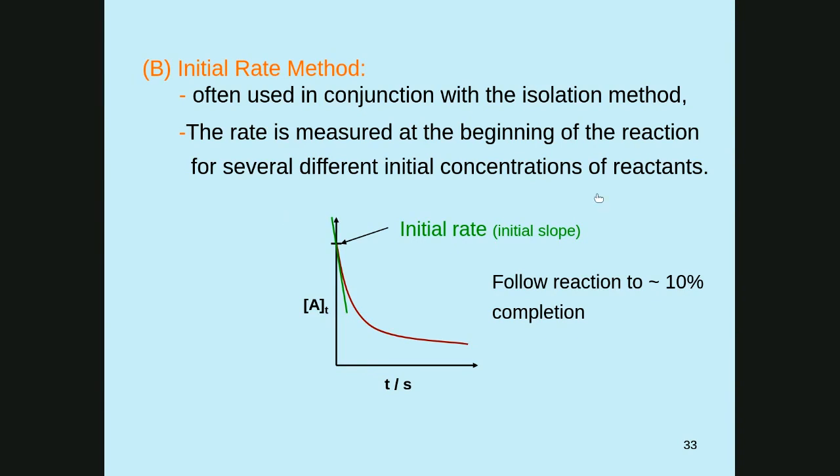So it is the initial rate that you measure, within the first few seconds or hours, depending on how fast the reaction is. So you determine the initial rate and then perform another experimental run, but varying the concentration of one of the reagents.